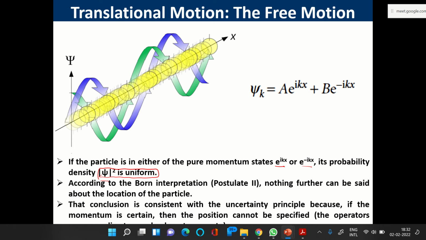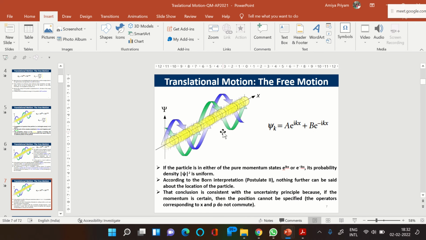That is in agreement with the uncertainty principle that we have learned, and in agreement with the complementarity of the observables, because the operators do not commute.